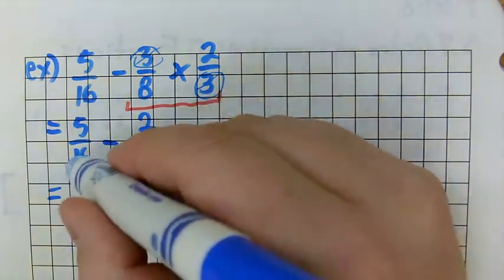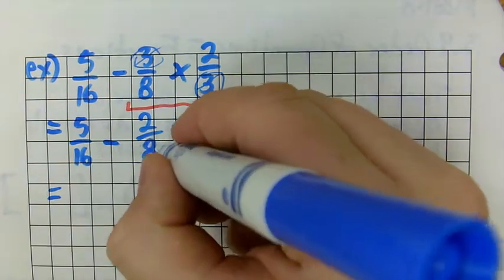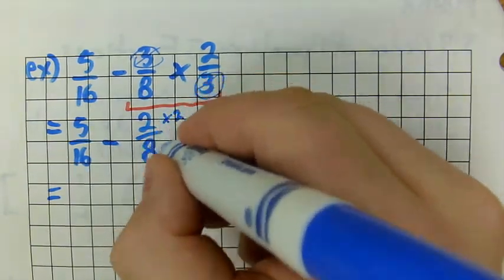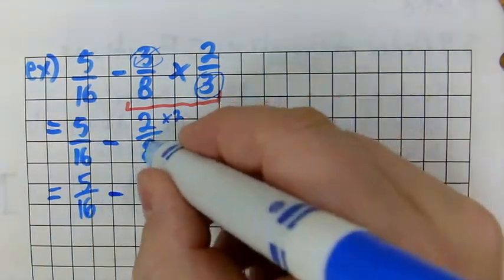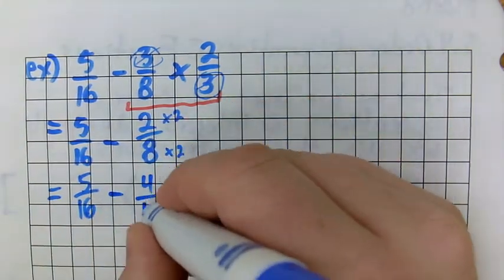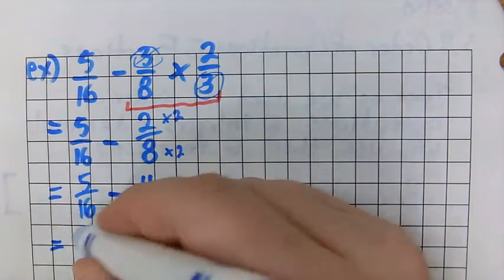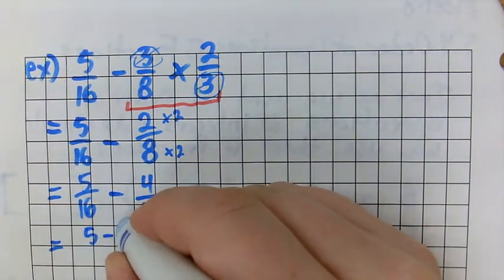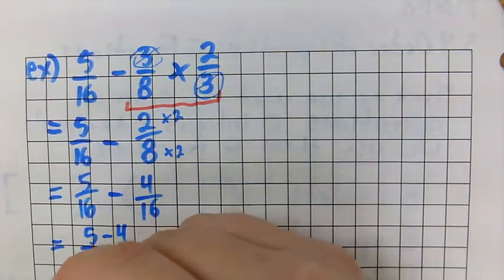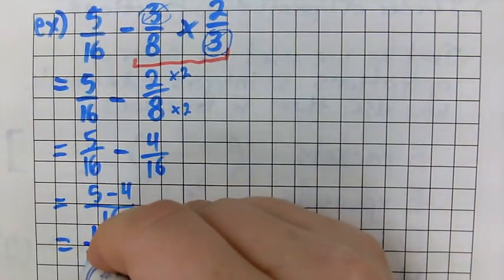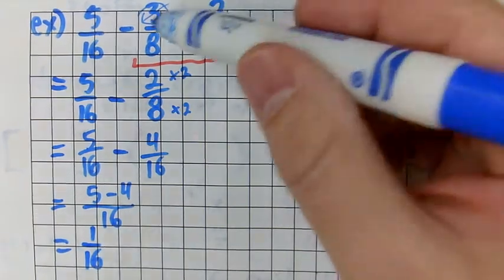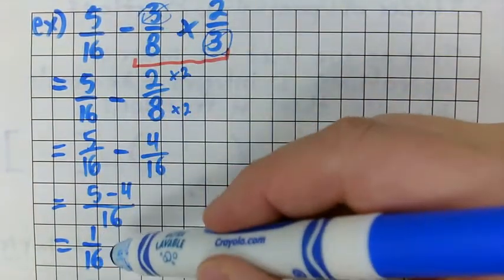You need a common denominator. Well, I can multiply this by 2 and this by 2 to get to 16 as my common denominator. So I'm going to do that. 2 times 2 is 4, 8 times 2 is 16. Now it's simply 5 subtract 4 all over 16. 5 subtract 4 is 1, so it's 1/16. So all this equation up here is actually equal to 1/16.